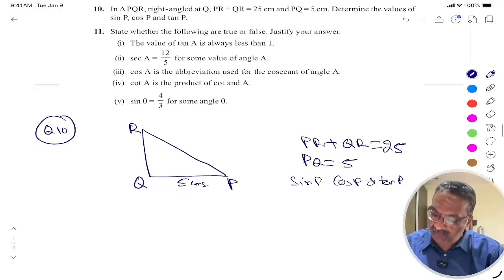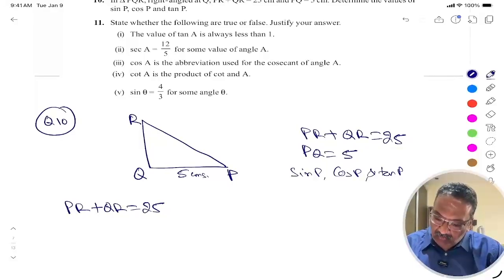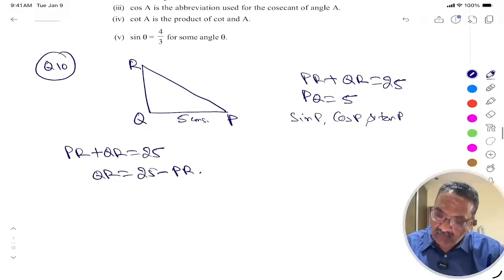So first, what do we have to find? We have to find the sides. Now we have PR plus QR is equal to 25. So QR is nothing but 25 minus PR. Also we have Pythagoras theorem to help us.